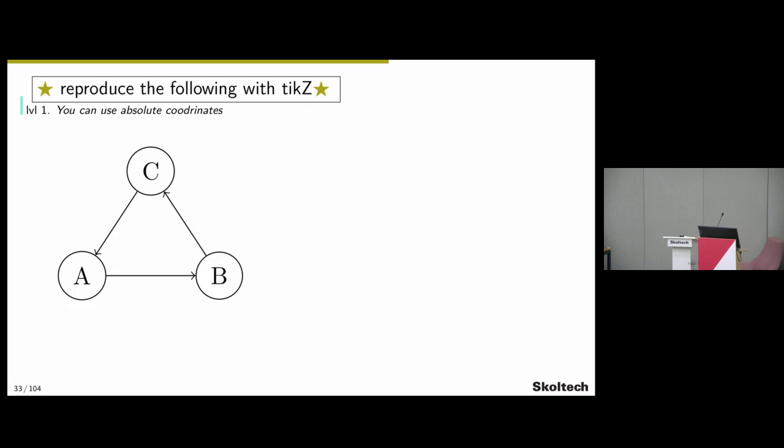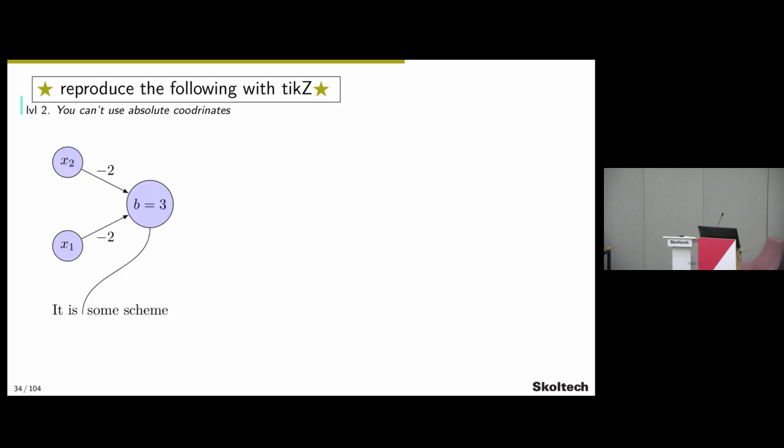Another difference between level 1 and level 2 is in the coordinates. In level 1, you can use absolute coordinates. You can just put them, for example, in position 1 and 2, and so on. In the level 2 task, you can't use absolute coordinates. You need to make the coordinates relative.